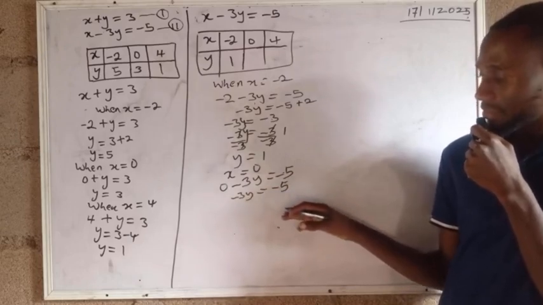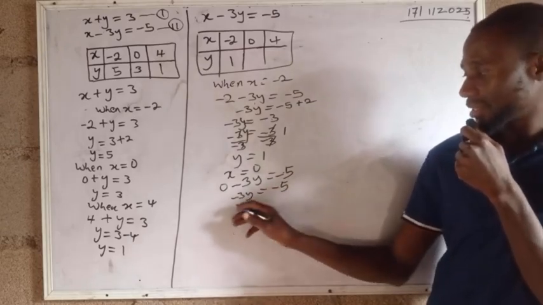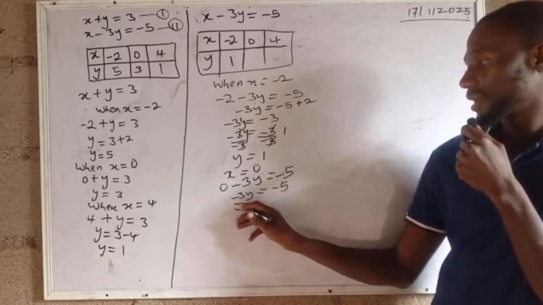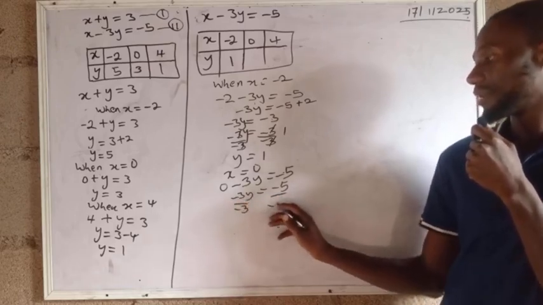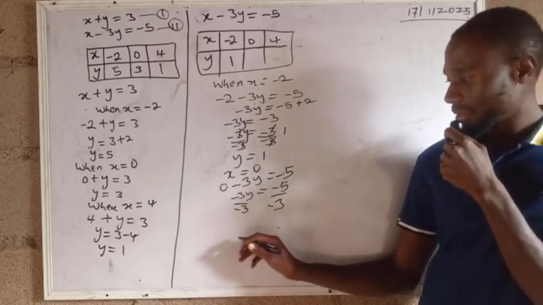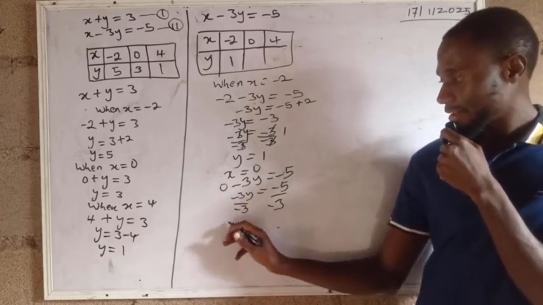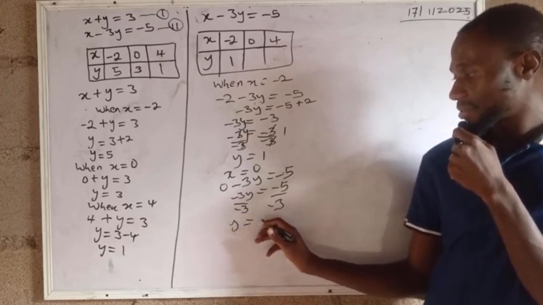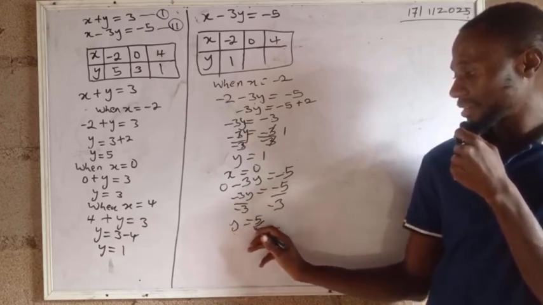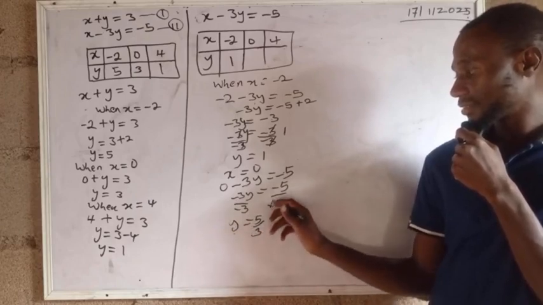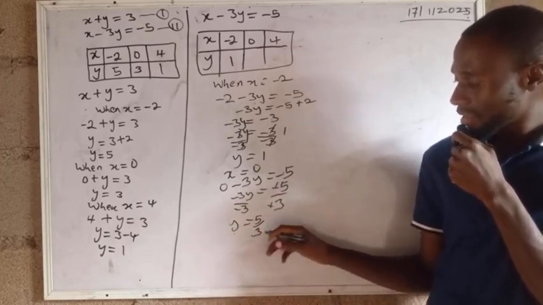Then we divide both sides by -3. We have y is equal to 5 over 3, since minus cancels minus.